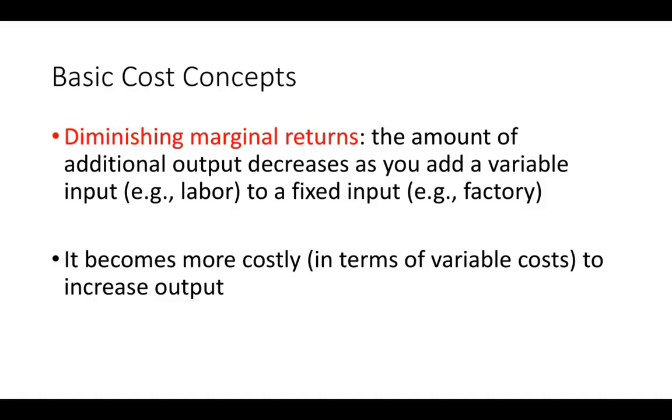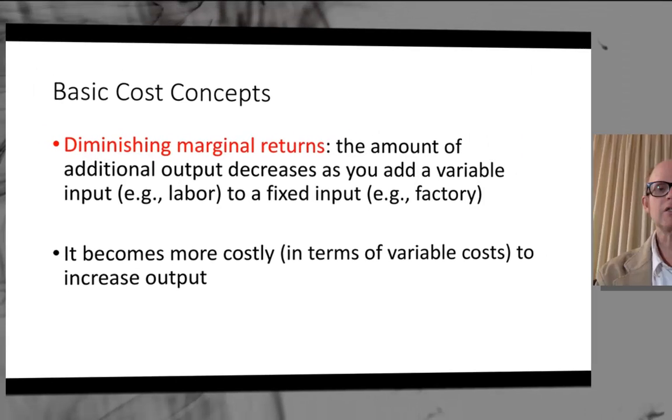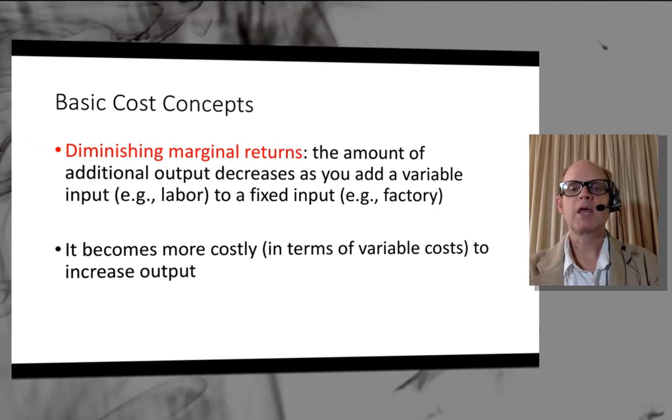So you go from paying $100 to $200 for your variable inputs. So the average variable cost goes up to $16.67. That's the $200 you're paying your 2 workers divided by 12 lawns you're able to mow. So because of diminishing marginal returns, it becomes more costly to increase your output.